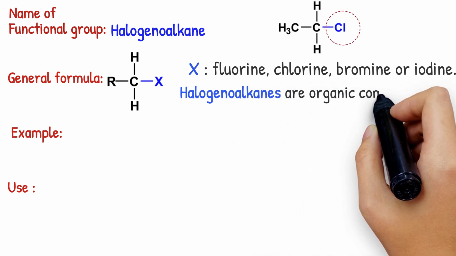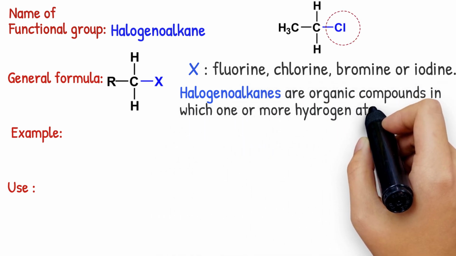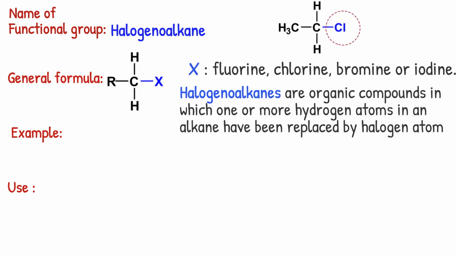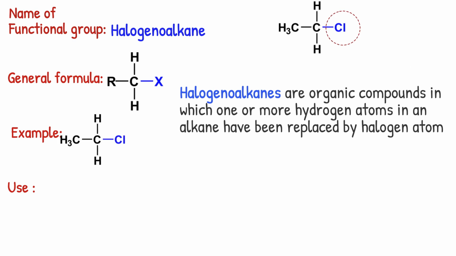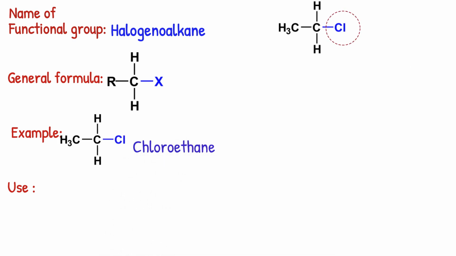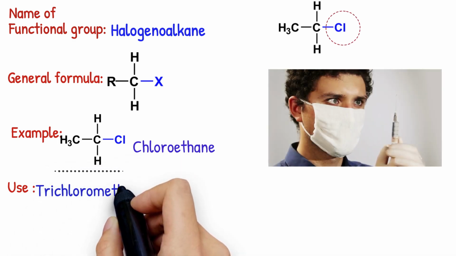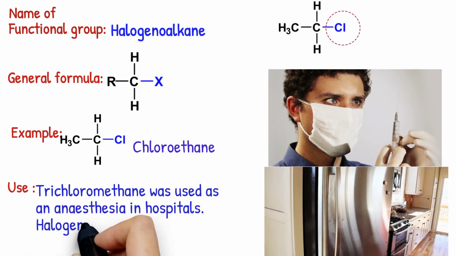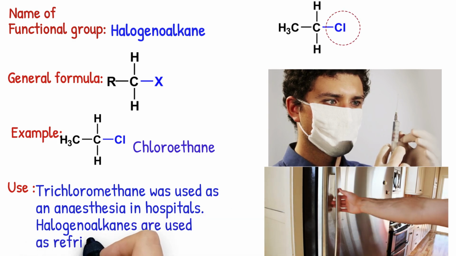Halogenoalkanes are organic compounds in which one or more hydrogen atoms in an alkane have been replaced by halogen atoms. Example of halogenoalkane: chloroethane. The chemical formula of chloroethane is this one. Trichloroethane was used as an anesthesia in hospitals. Halogenoalkanes are used as refrigerants.